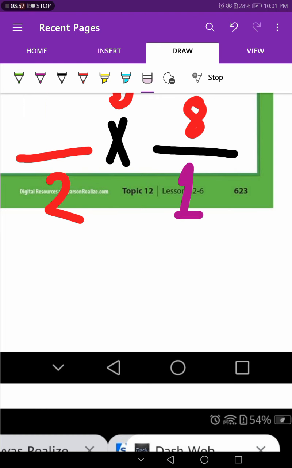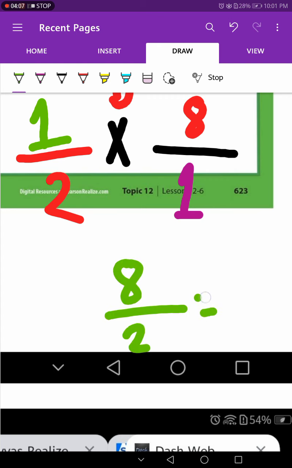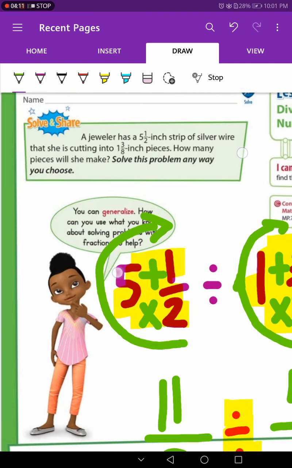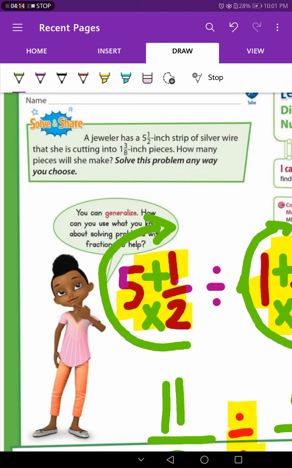So eliminate the 11. 1 by 8 equals 8, and 2 by 1 equals 2, and this is equal to 4. So the answer here is 4. So how many pieces will she make? The answer is 4 pieces.